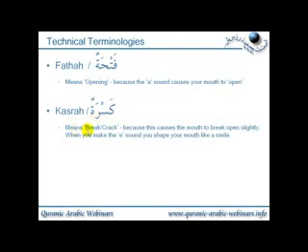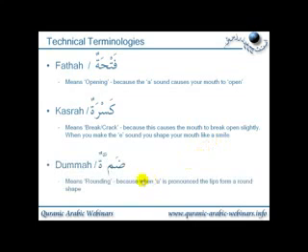Kasrah means break or crack because this causes the mouth to break open slightly, i.e. when you make the E sound you shape your mouth like a smile, which is like a small crack shape. And the last one, Dummah, means rounding because when you make the oo sound the lips form a round shape.